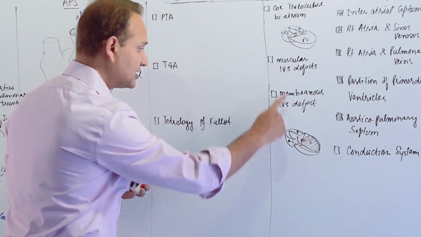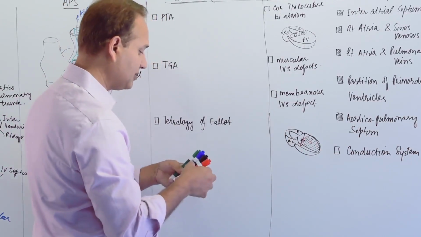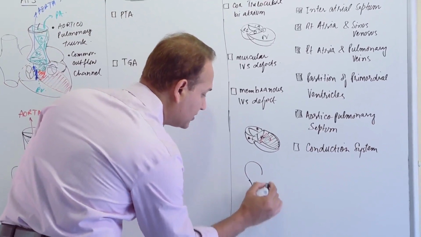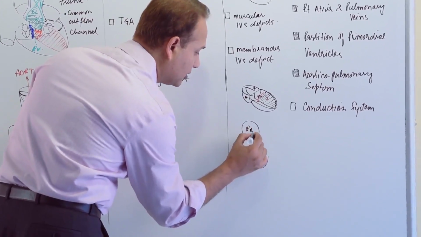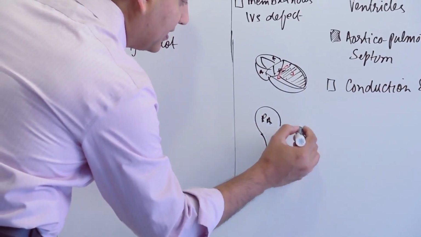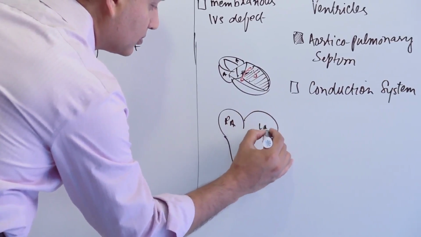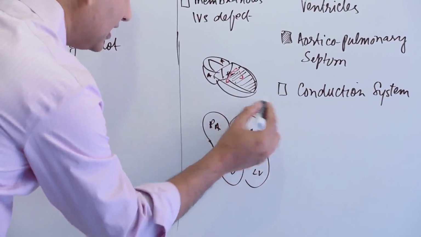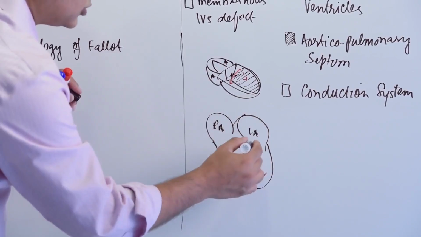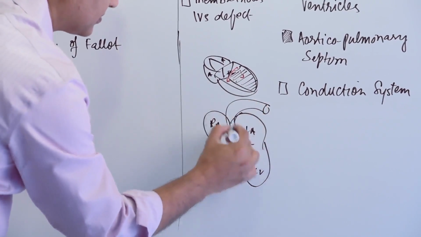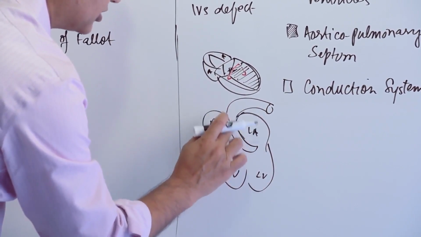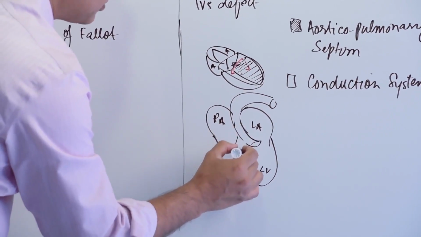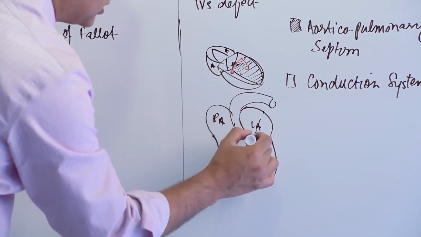Okay, so continuing discussing this one. So what happens is this, please remember this is an important topic. So right atrium opens into right ventricle, then left atrium opens into left ventricle, and then we have the aorta, this is the aorta, or my depiction of the aorta, and from here we've got the pulmonary trunk, which I'll make here.